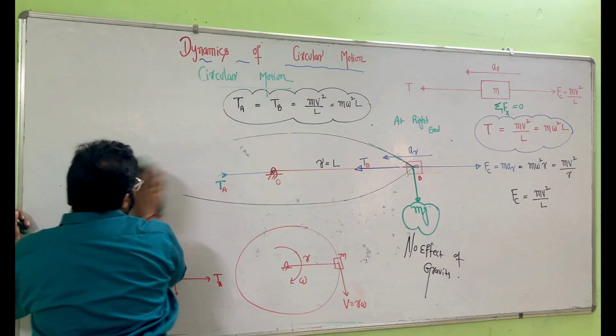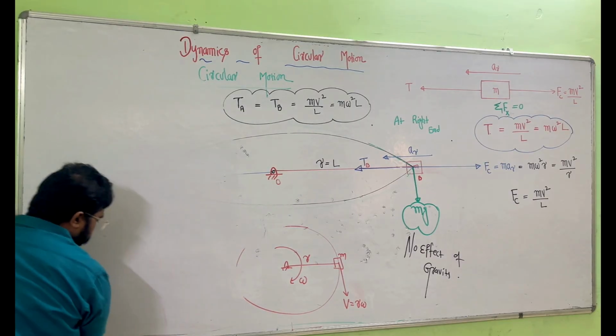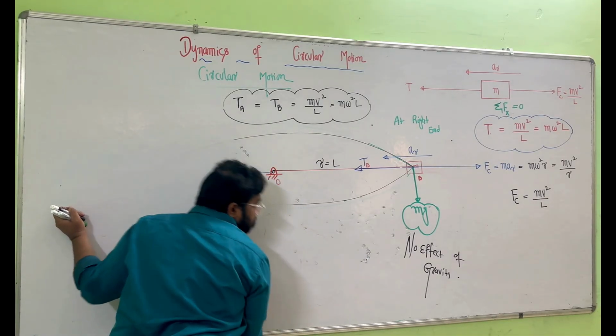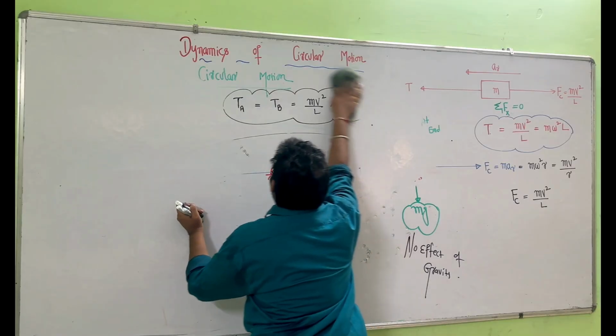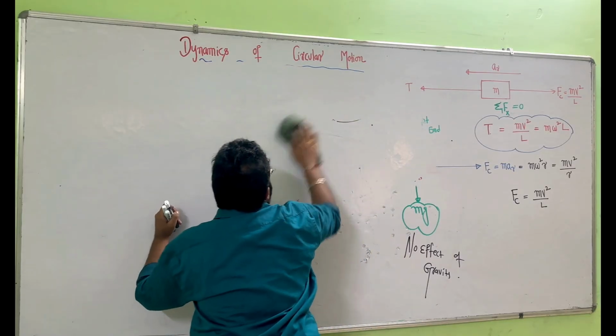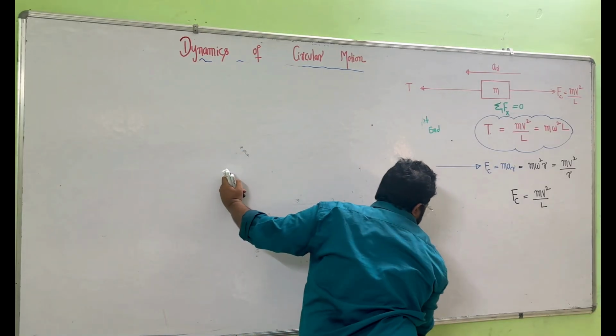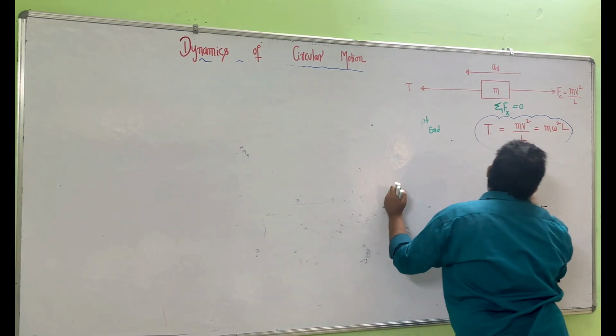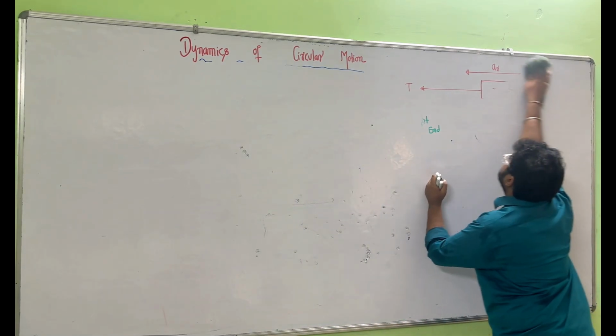Now we need to talk about one special case in horizontal circular motion. Put a note; it's one question. So if they give it like this, focus here. Now we need to take 2 point masses M1 and M2.